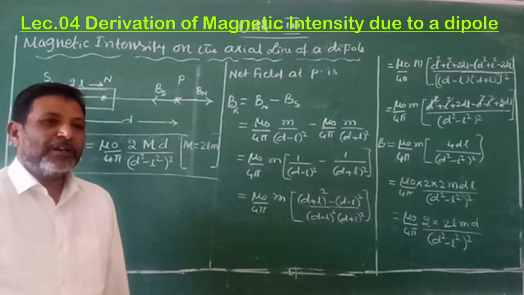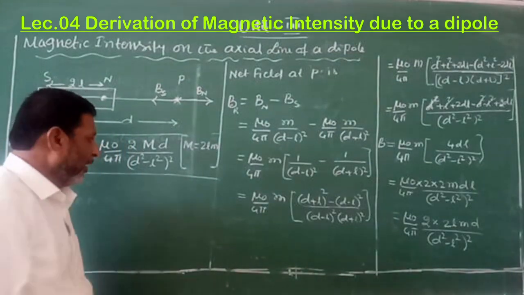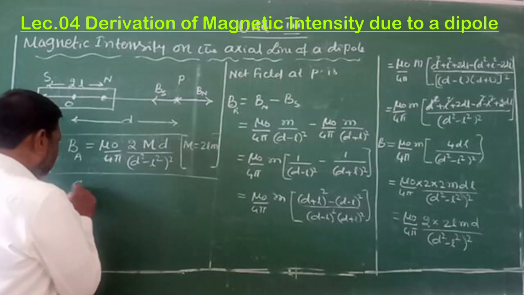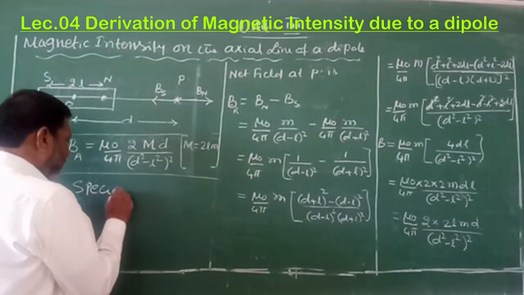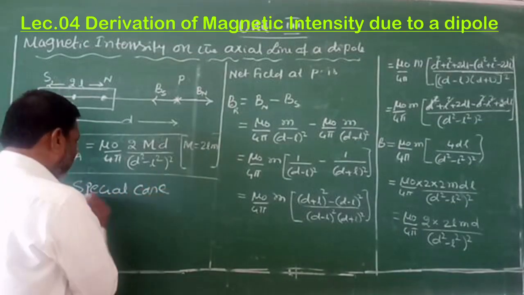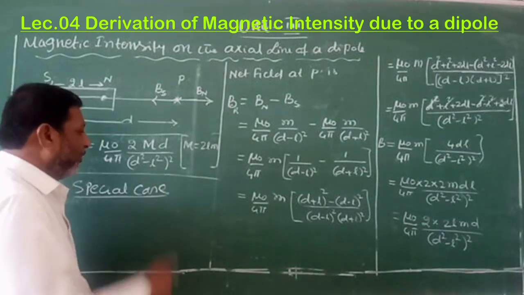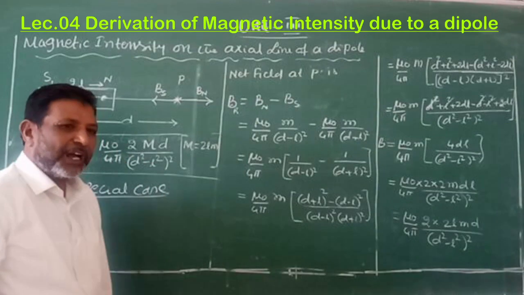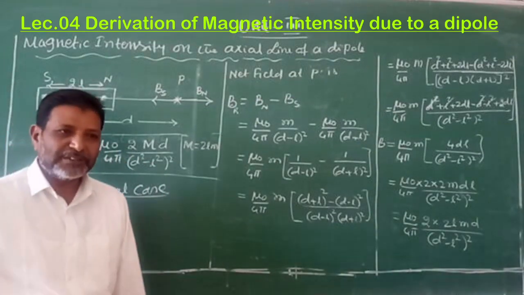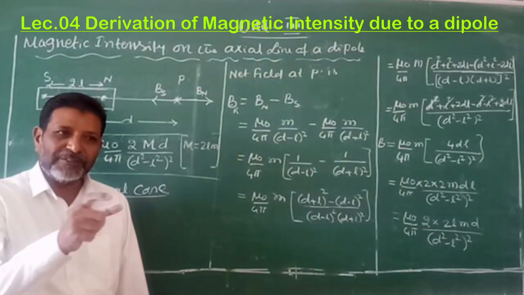Now, here is a special case, where the L value is very much less than d. All of you have seen a bar magnet in the physics laboratory.